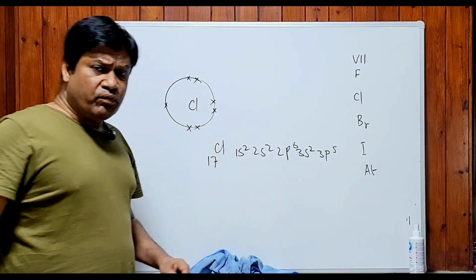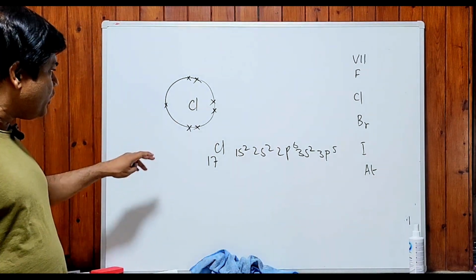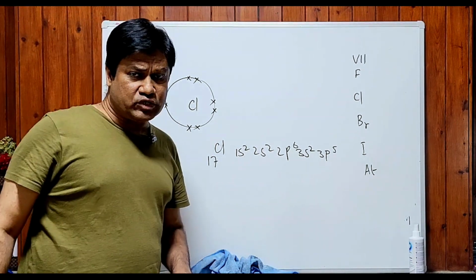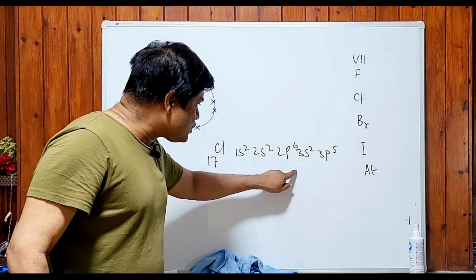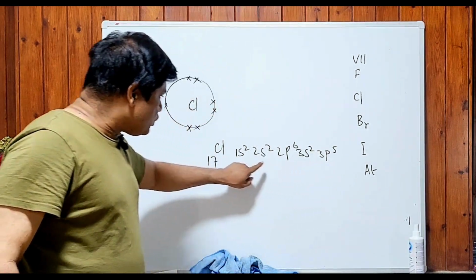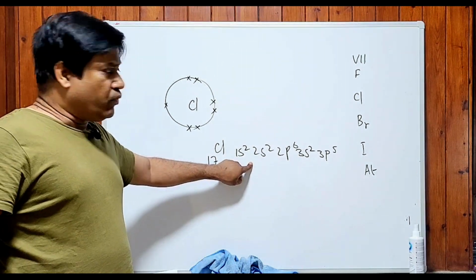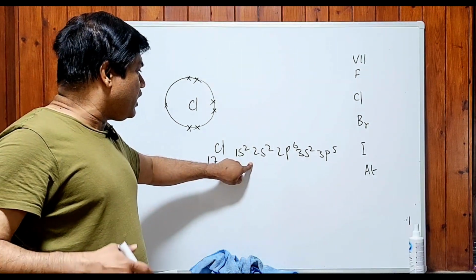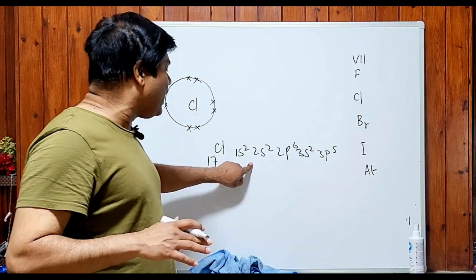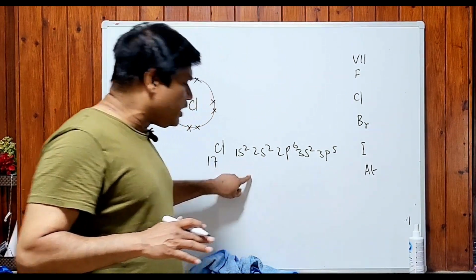Just think, which way is easy for chlorine, to gain an electron or to lose an electron? It has to lose 7 electrons to get 8 electrons in the outermost shell, which is likely impossible.